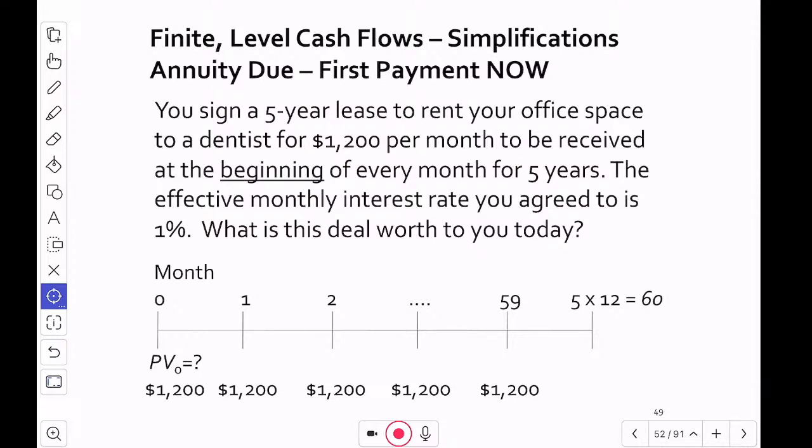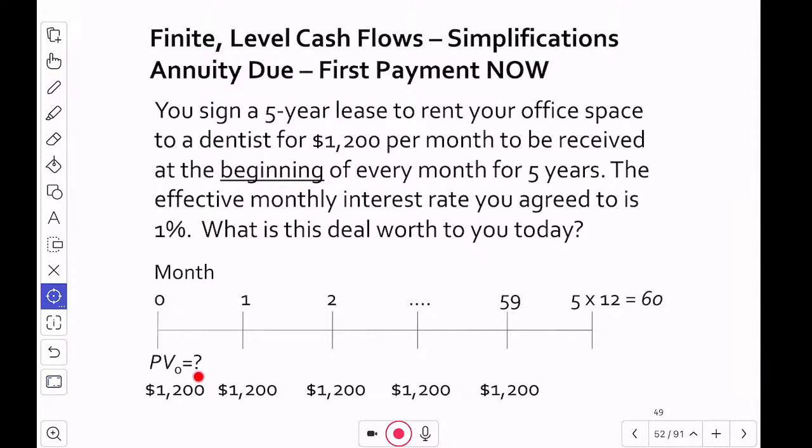So here's an example. You sign a 5-year lease to rent your office space to a dentist. Okay, so you own the office space, you're going to rent it out, and the lessee has to pay $1,200 per month at the beginning of every month for 5 years, with an effective monthly interest rate of 1%. What is this deal worth to you today?